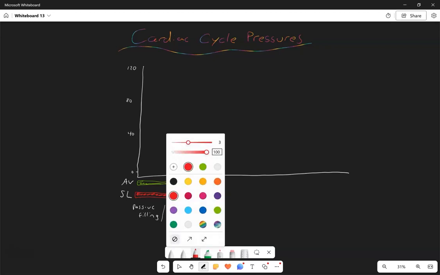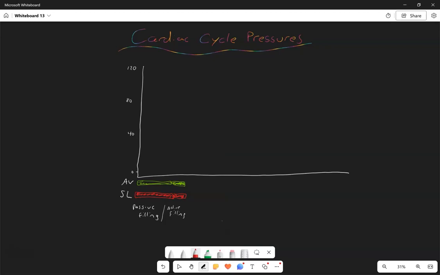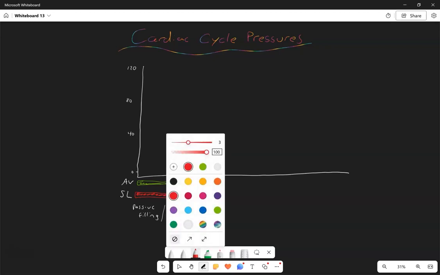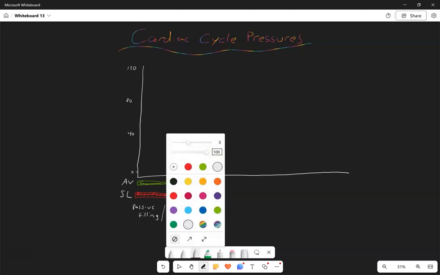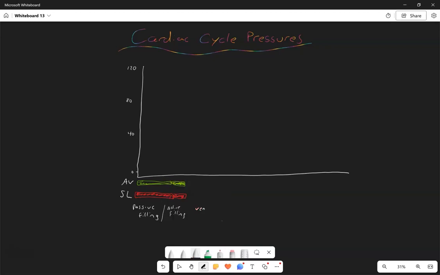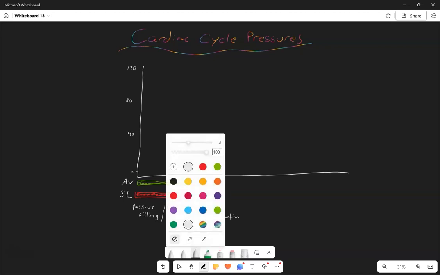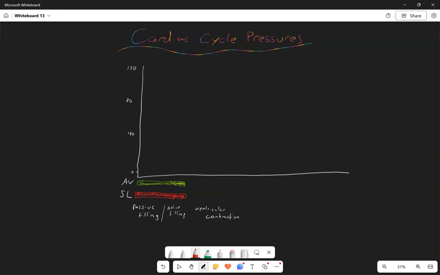All right, then what's going to happen after that? Remember that after that, we have the start of ventricular contraction. And this lasts for a while. But initially, we have this isovolumetric contraction where the AV valves close and the SL valves are closed.